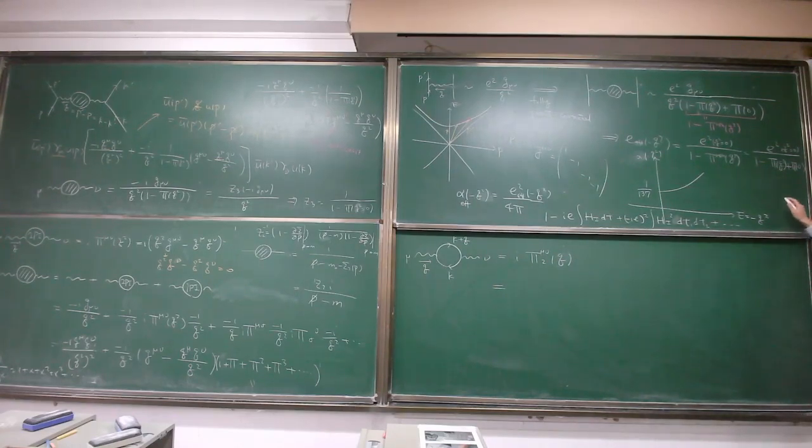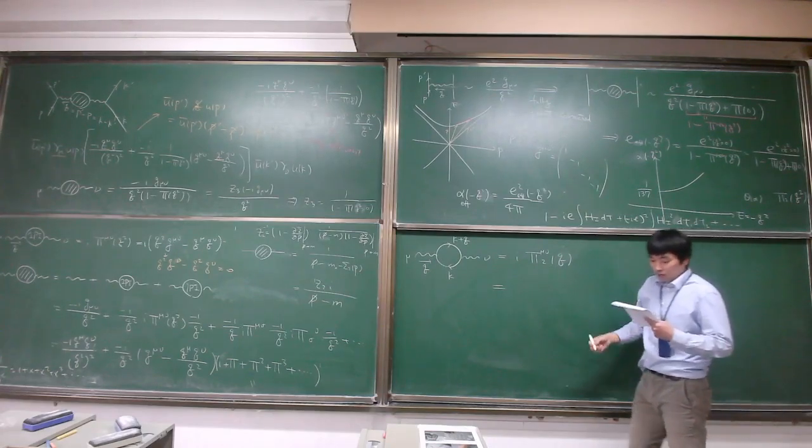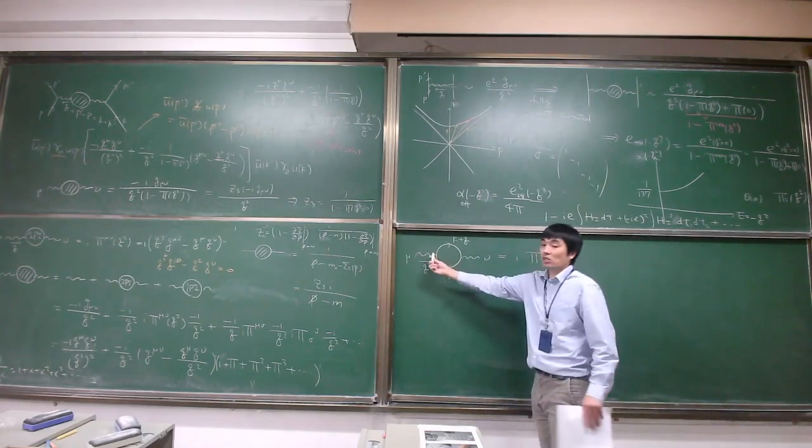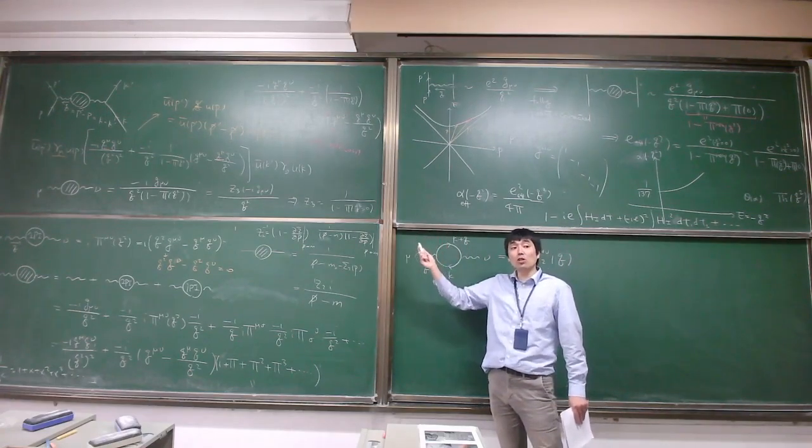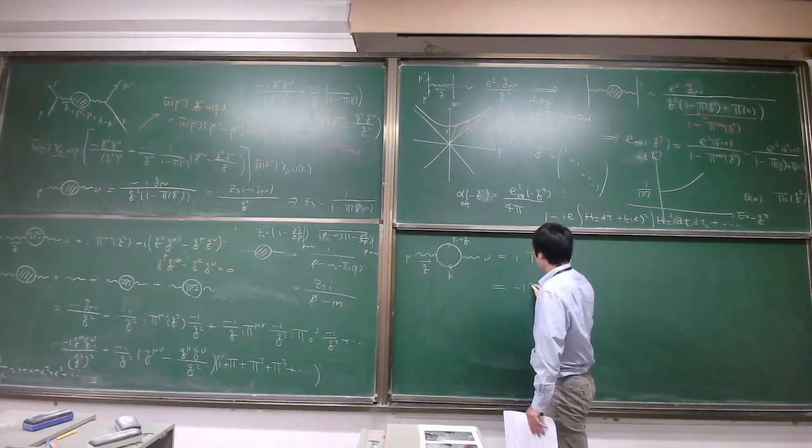So for first order alpha, I call this Pi to Q squared. The goal is to compute Pi to Q squared. And since this is a fermion loop, if you have a loop, you always have a minus sign.